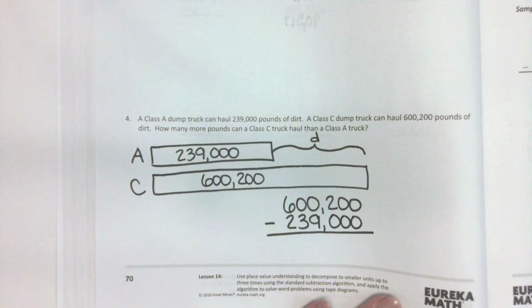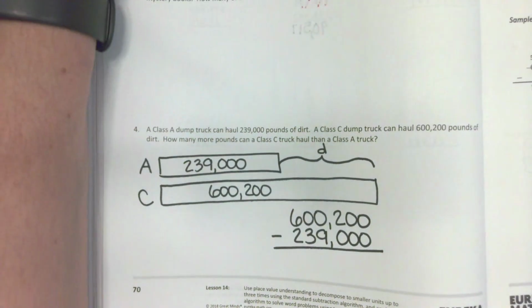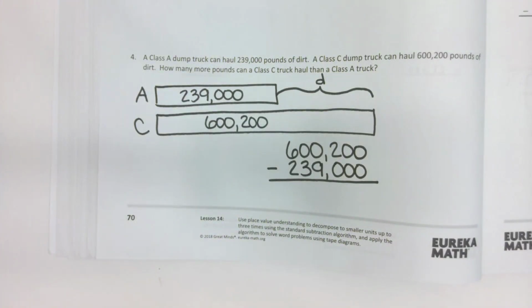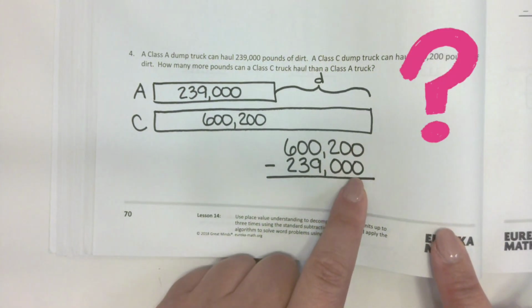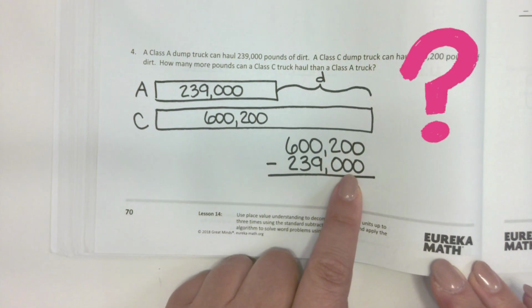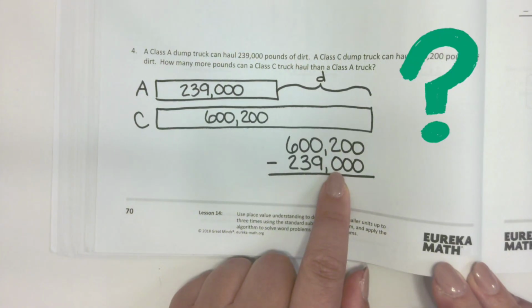Okay, I have my algorithm ready. I need to check to see if it's ready to subtract. So let's check starting in the ones. 0 minus 0, that's ready. Another 0 minus 0, that's also ready. In the hundreds, 2 minus 0, ready.